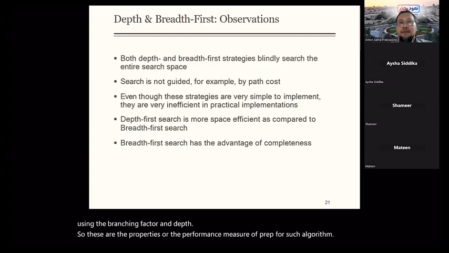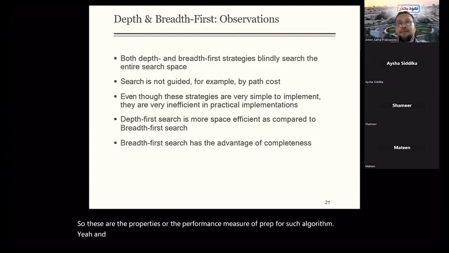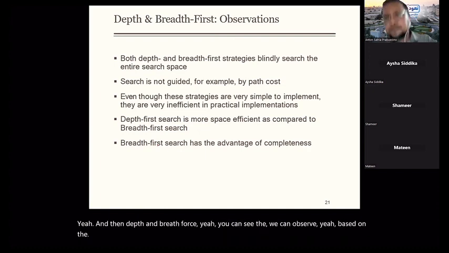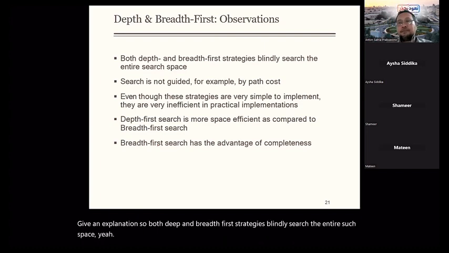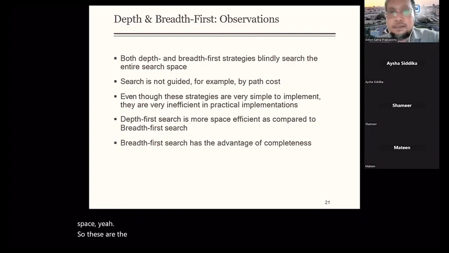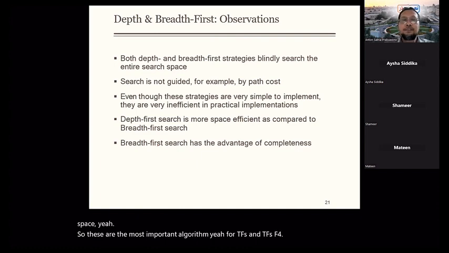Then for depth first and breadth first, we can observe, based on the given explanation, that both strategies blindly search the entire search space. So these are the most important algorithms, DFS and BFS, for search agents.